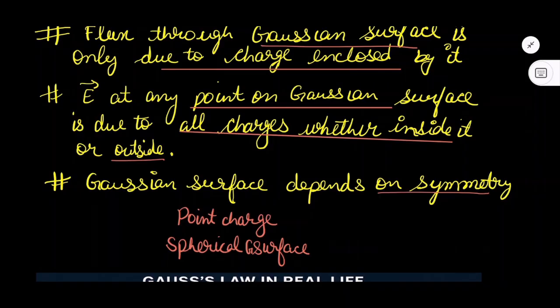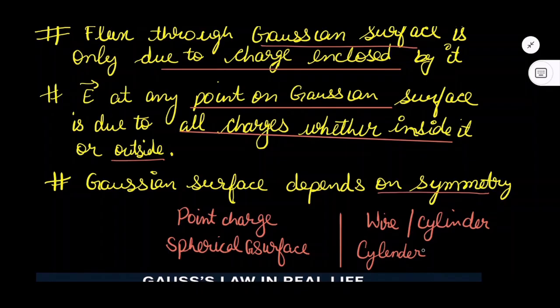I'll write it this way, G surface. And for the wire, or we can say for the cylinder, we'll be drawing a cylindrical G surface. G surface means the Gaussian surface, right?